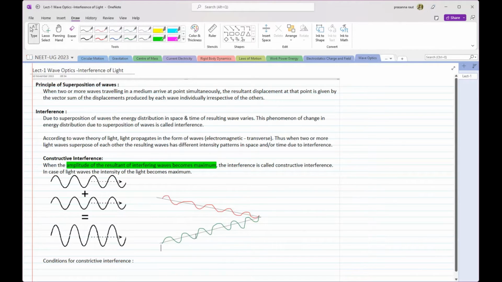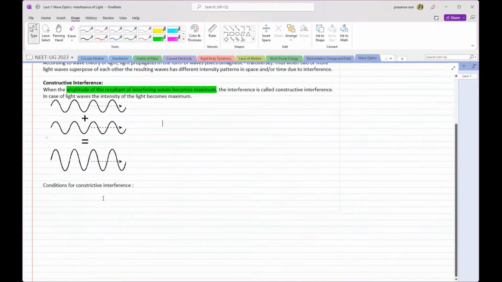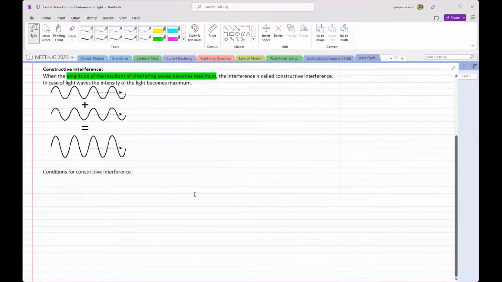Now for this, what has to happen? If this wave ends here, at the end point of a trough, then whichever next wave, wherever it comes from, has to end in the same way. Now this is possible if and only if we are assuming the same waves, okay?